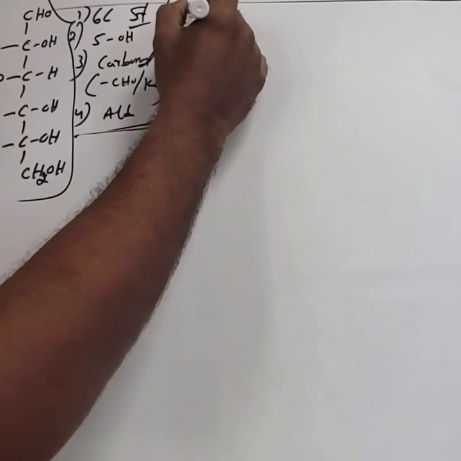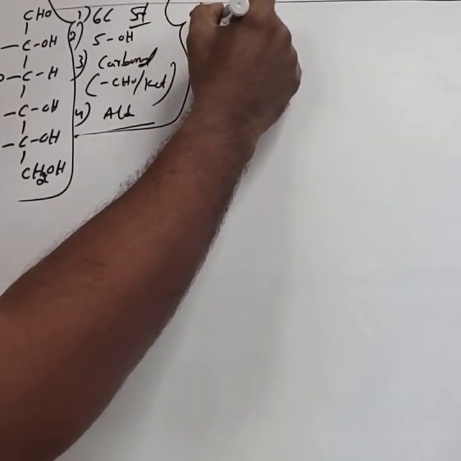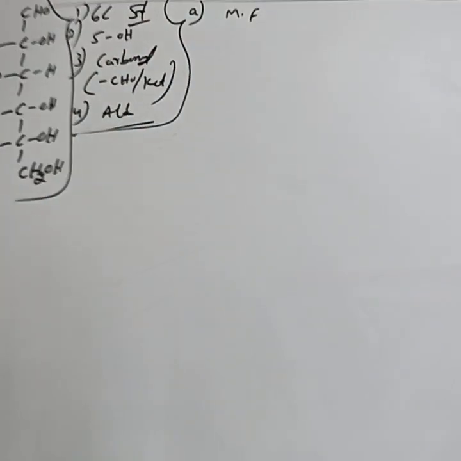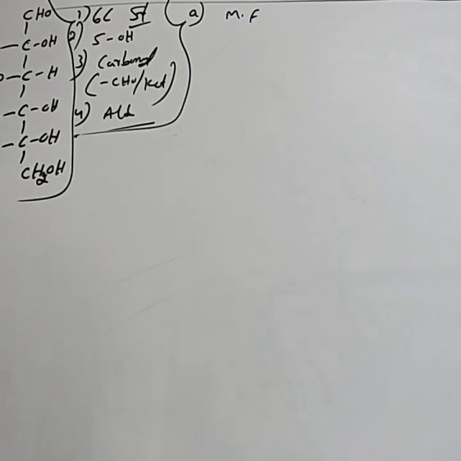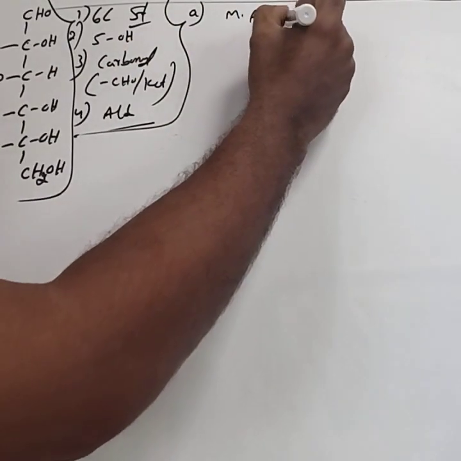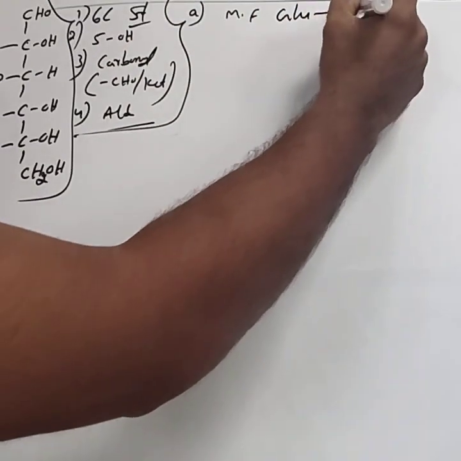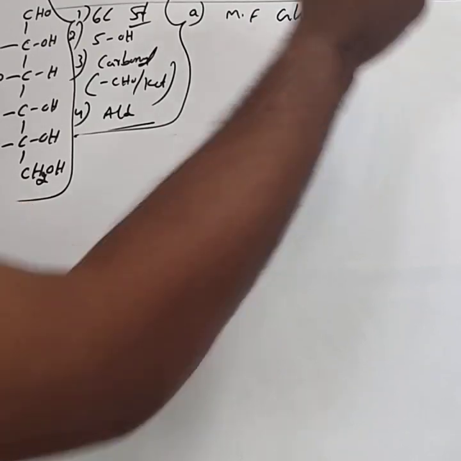First, prove the molecular formula. For any compound, the molecular formula is obtained by analysis of the elements, qualitative and quantitative analysis. Elemental analysis and molecular mass determination show the molecular formula of glucose as C6H12O6.